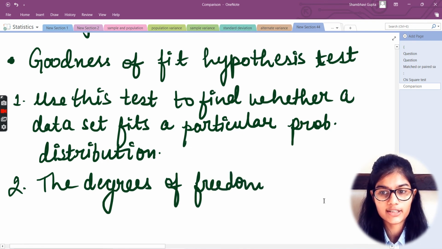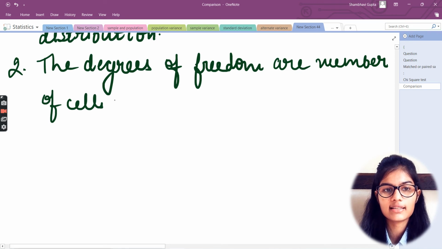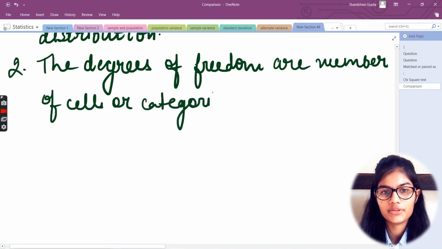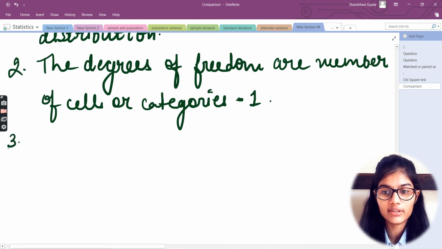The degrees of freedom are the number of cells or categories minus 1. Right? This is what the degrees of freedom are. So degrees of freedom are the number of cells or categories minus 1. Fine.